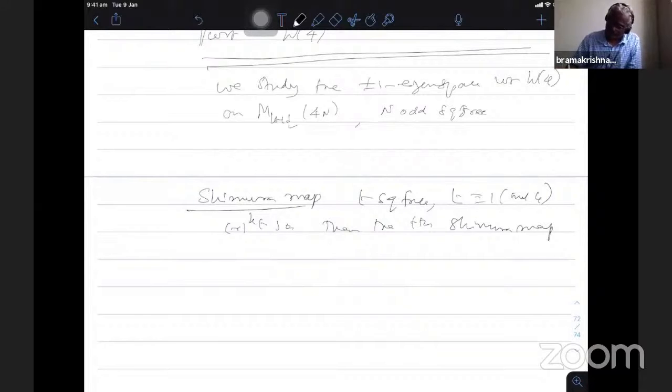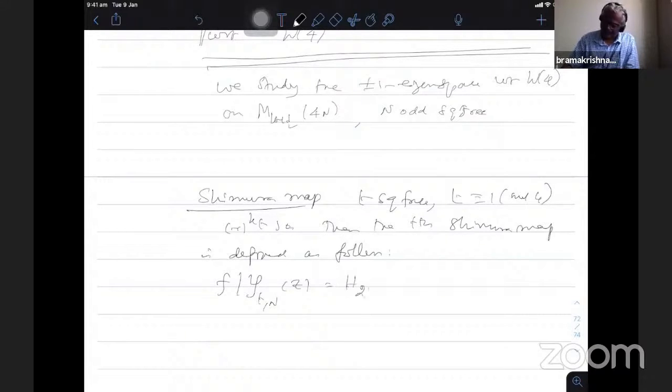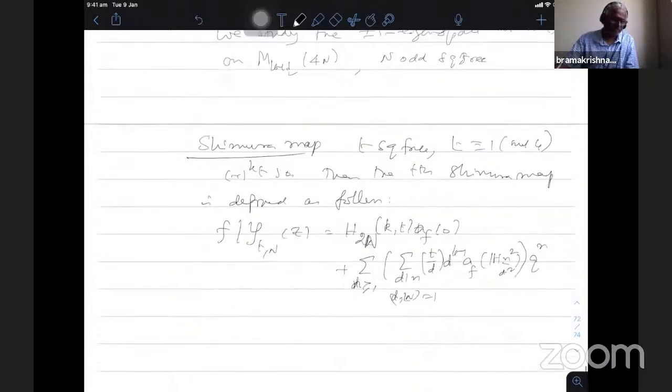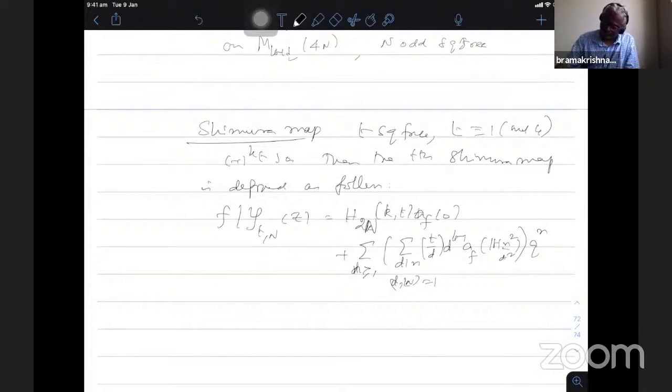So it is defined as follows: f bar S_{t,n}(z) equals H_{2n}(k,t) a_f(0) plus summation n greater than or equal to 1, summation d dividing n, (d, 2n) is 1, (t/d) d power k minus 1, a_f(|t| n square by d square) q power n, where f belongs to M_{k+1/2}(4n).